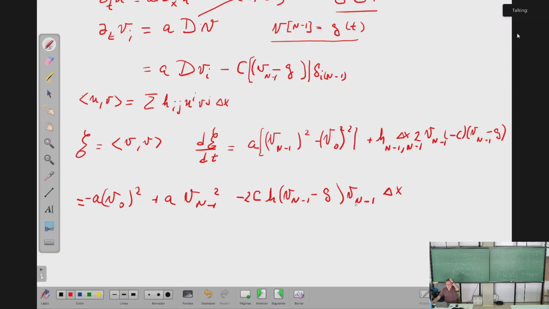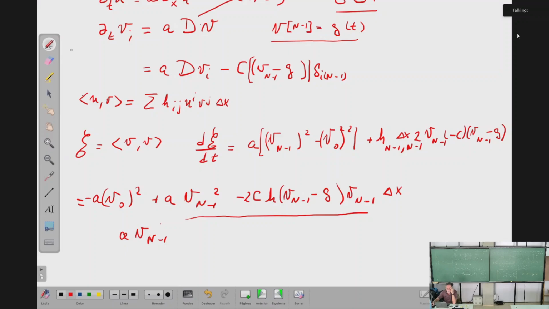Right? So I want to get C as big as I can, but in such a way that this thing is positive here. Okay? So this term is A Bn minus 1 square.